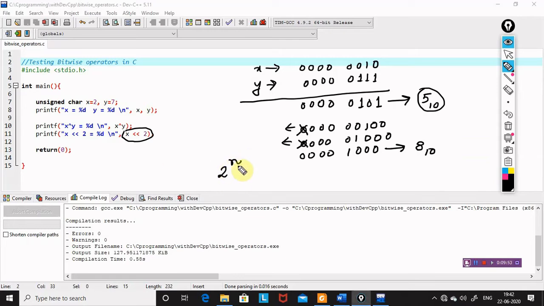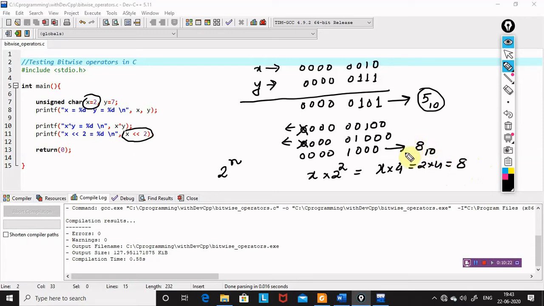So in this case, since n is equal to 2, the final result should be equal to x multiplied by 2 to the power 2, that is x multiplied by 4. So since we started out with x equal to 2, that means 2 into 4 is 8, so we should be obtaining the value of 8, and that is what we have obtained.